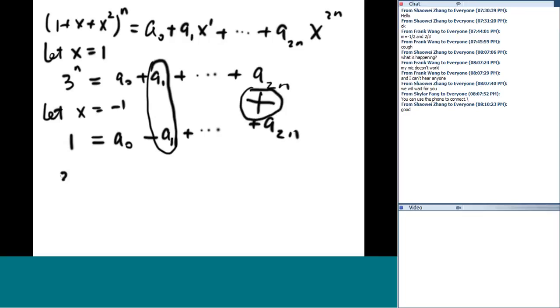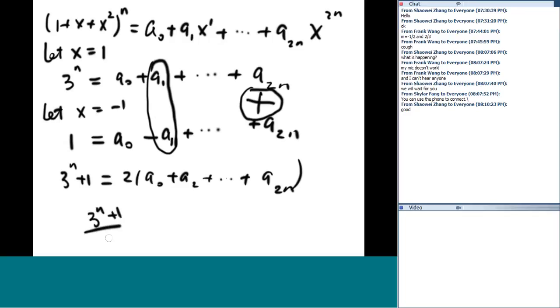So 3^n + 1 is going to be 2(a0 + a2 + ...). That's all. The answer is going to be (3^n + 1)/2.